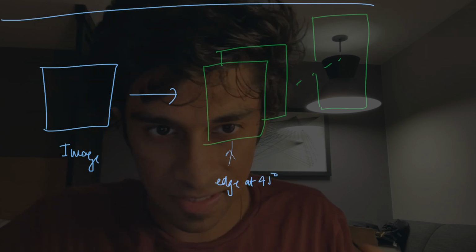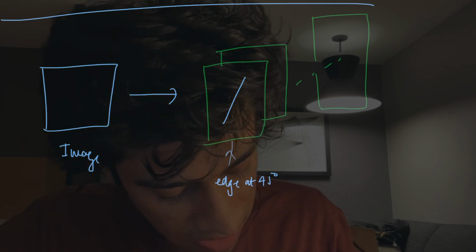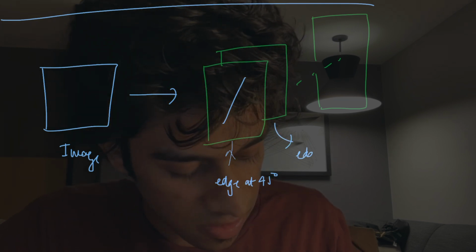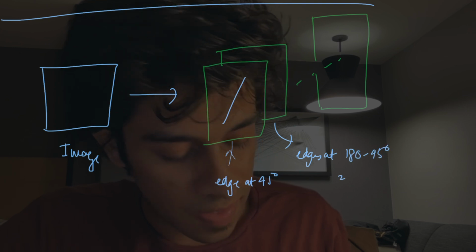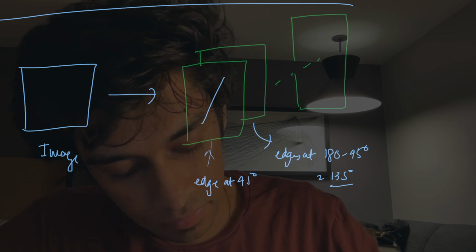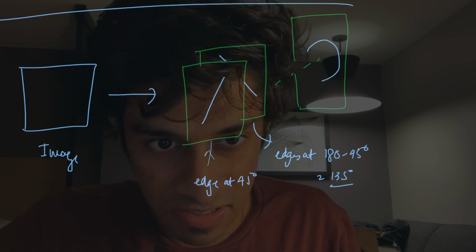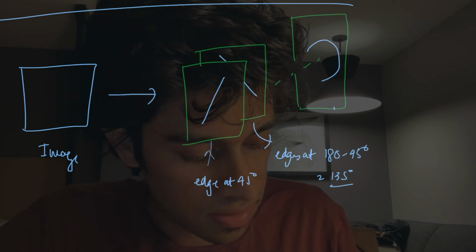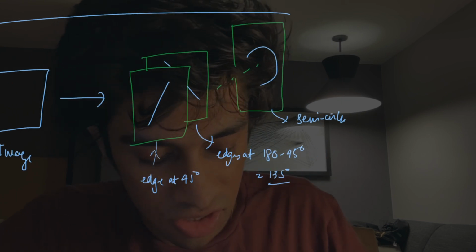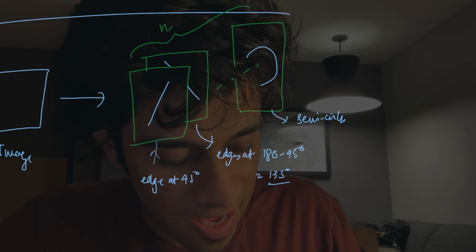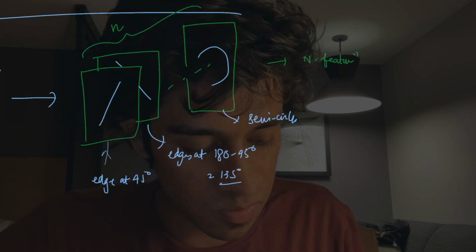This channel only detects this edge. The other channel, the channel at the back, only detects edges at 180 minus 45 degrees, which is 135 degrees. Now this channel only detects the circles or the semicircles, let's say. So we can have n such channels which can detect n features. And remember, this space has to be closed.